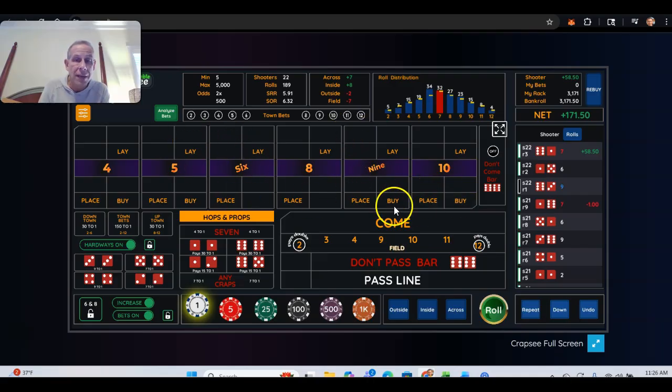Understanding the relationship between the light side, the dark side, the payout structure has a lot to do with how we make money at this game.